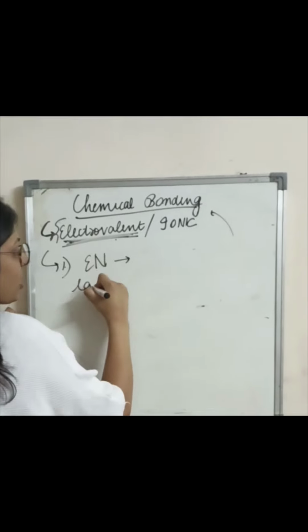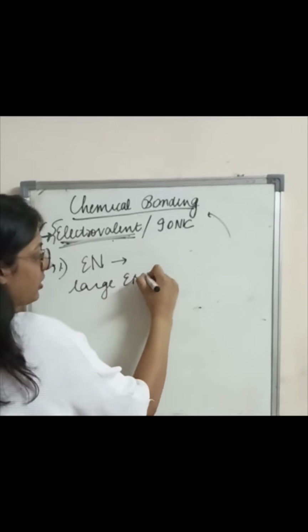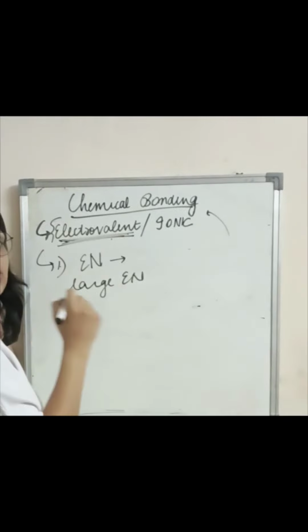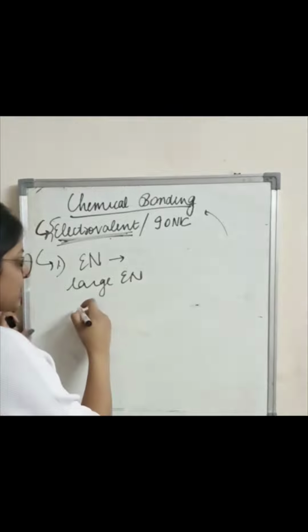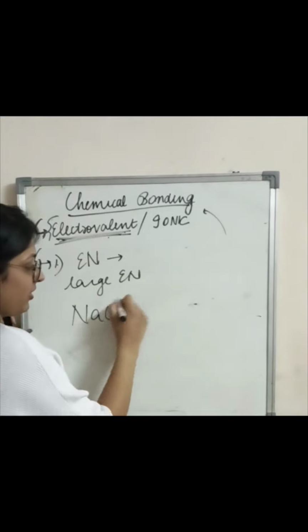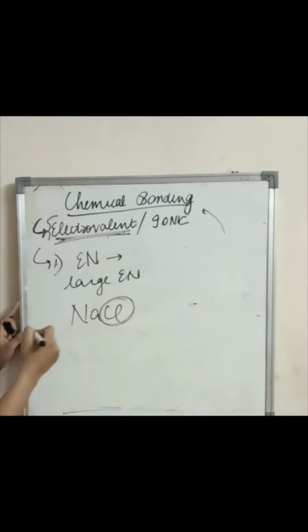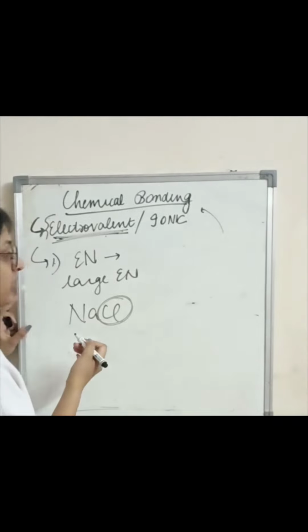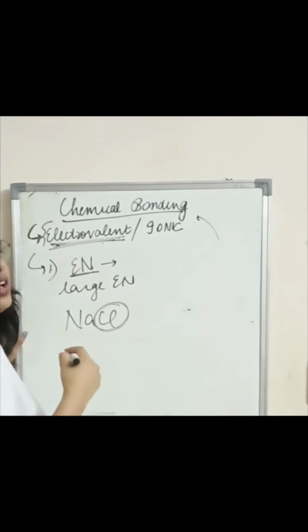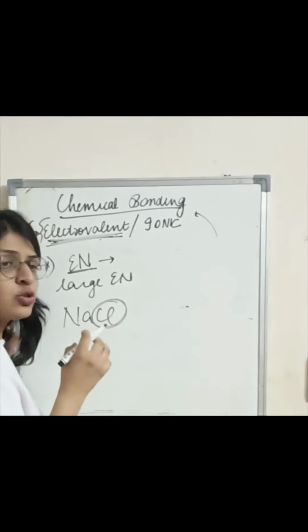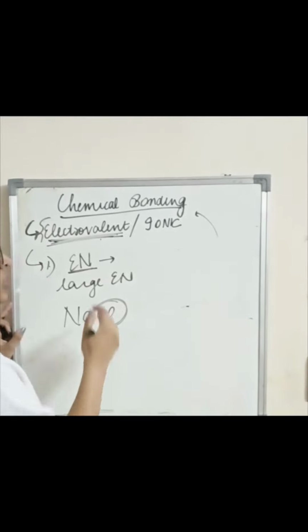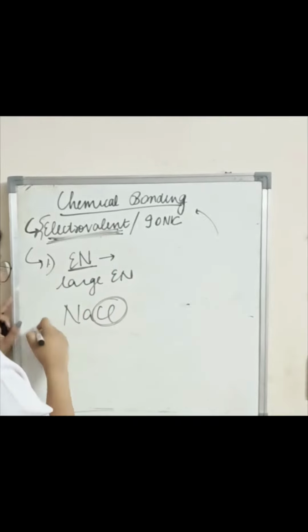If there is a large electronegativity difference, only then are these bonds formed. As we see in NaCl, Cl is more electronegative than sodium, which is an electropositive metal. Therefore, this forms the electrovalent bond. So usually there has to be a large difference in electronegativity for these bonds to form.